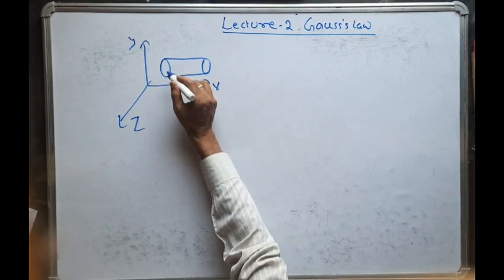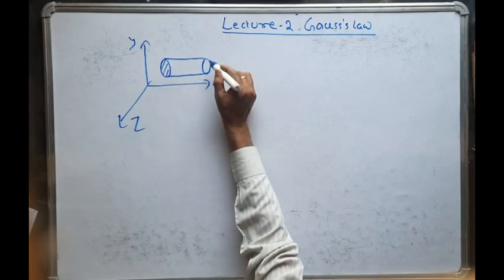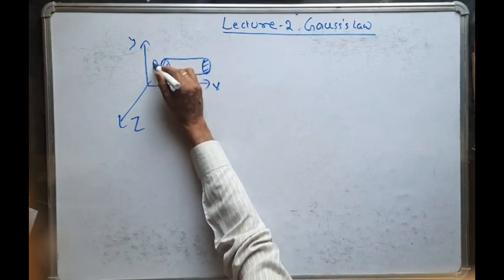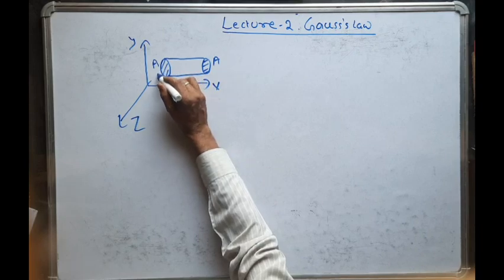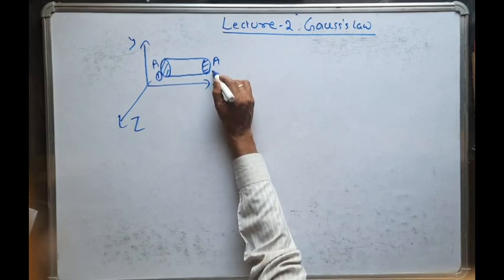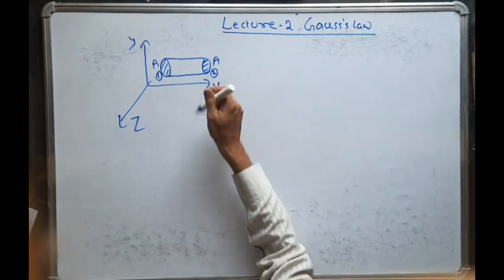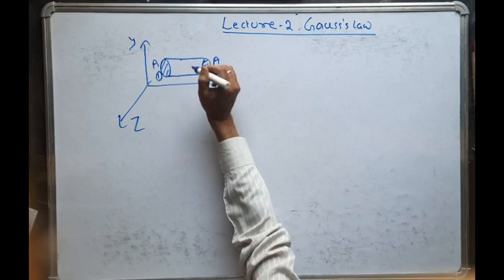Here there are two surfaces: one is this surface, and this is the second surface. Let us say this surface area is A, and this surface area is also A. This is our first surface, this is the second surface, and this curved surface is your third surface.